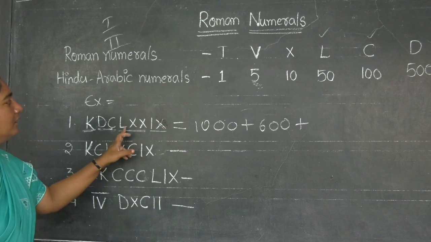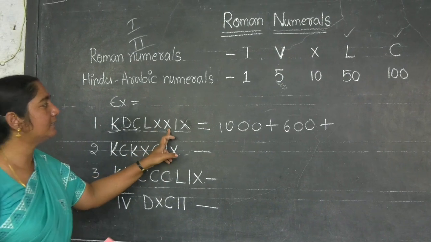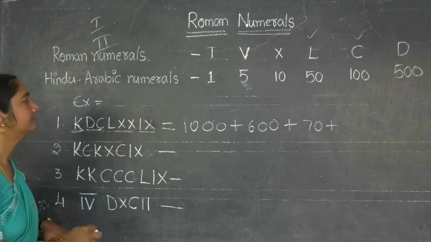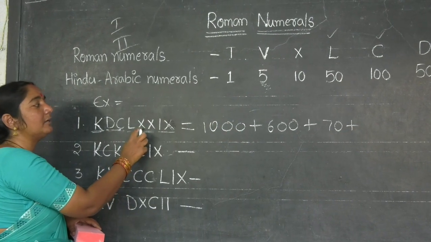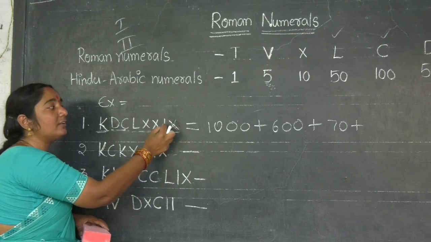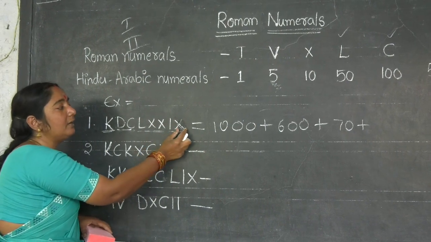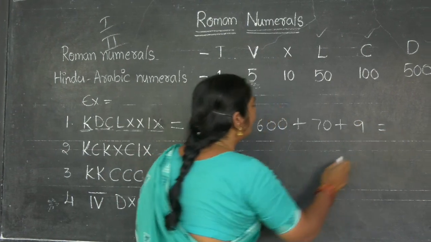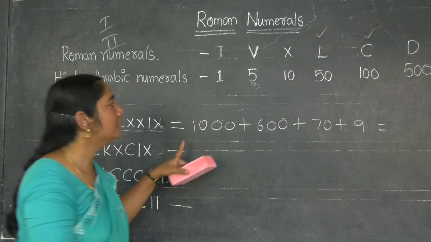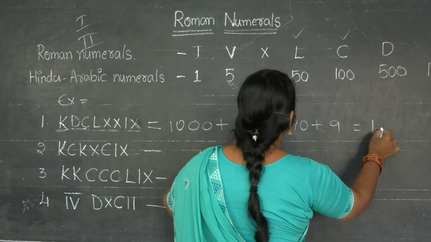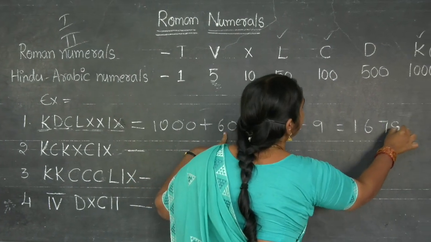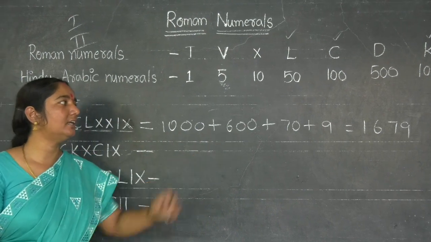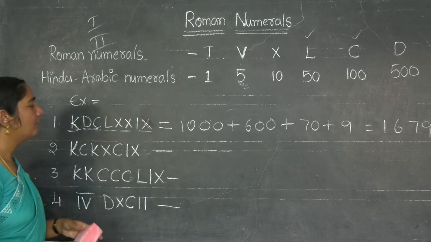I think you understood. 50 plus 10, 60 plus 10, 70. 70 plus, don't take this into this one, because already we have seen when a smaller one is there we have to go for subtraction. 10 minus 1, that is 9. Now you got all the places. So now the number becomes 1679. Now one more case.